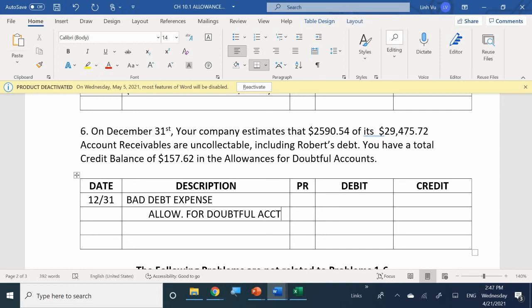So subtract the 157.62 from the 2,590.54, and that would be the amount.